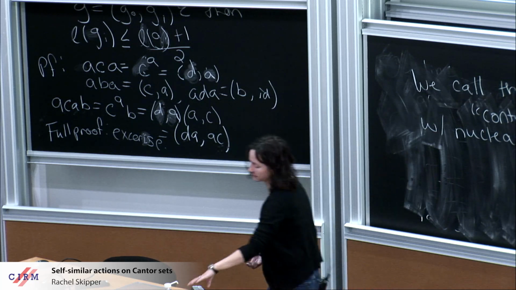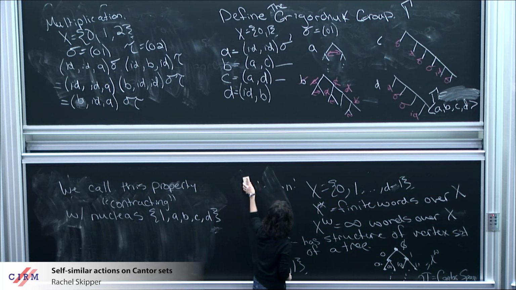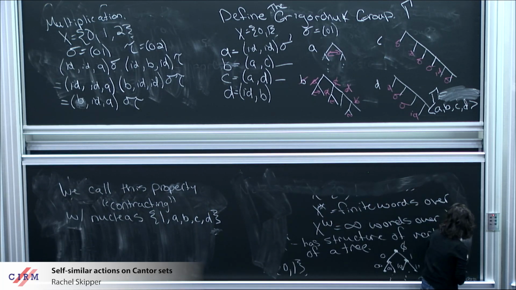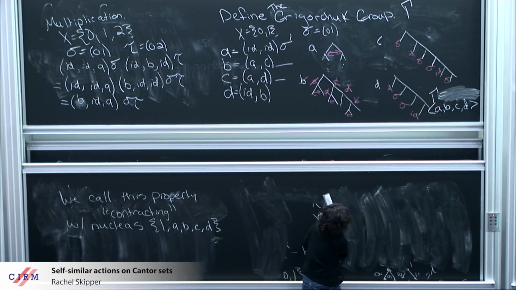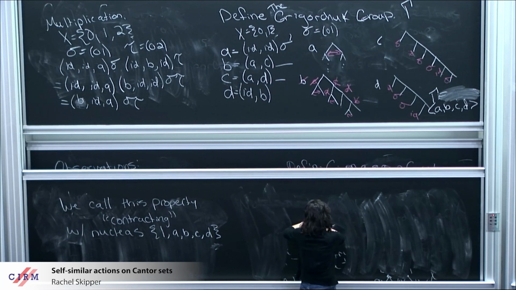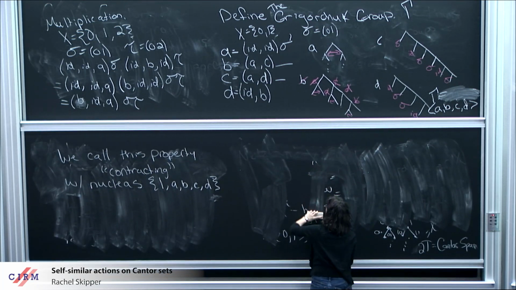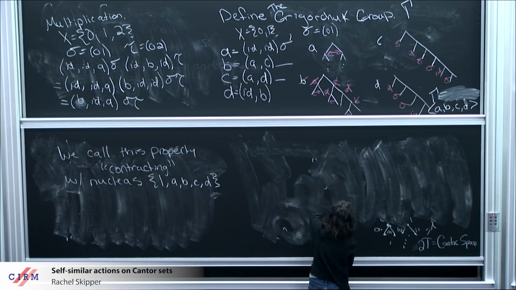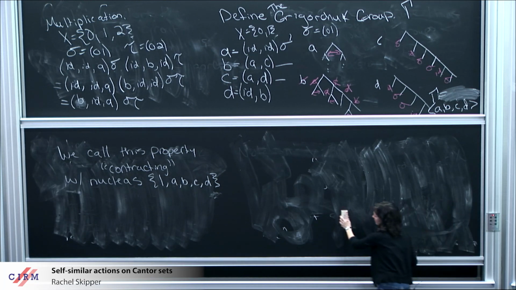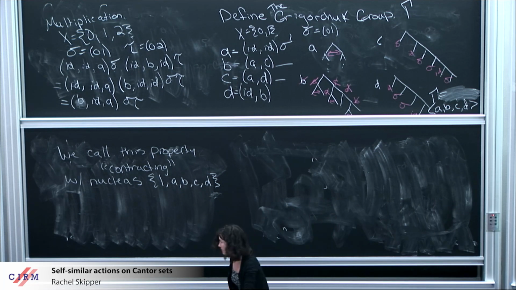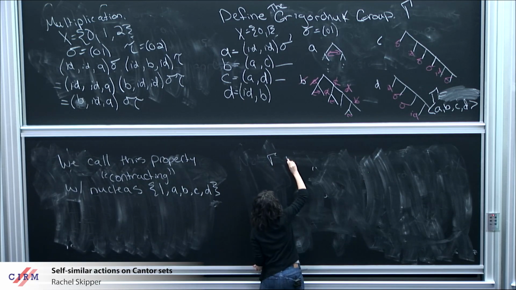So let's prove it has a solvable word problem now. All right, gamma has solvable word problem.